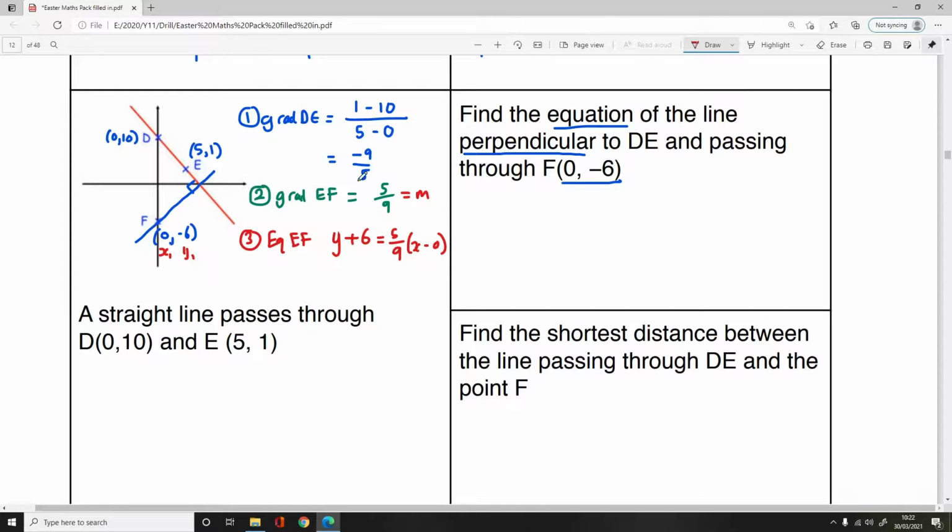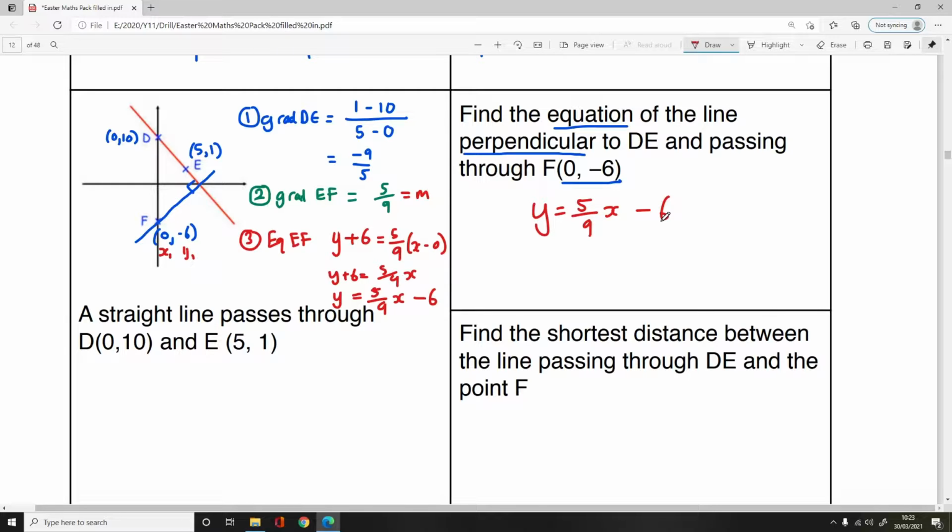So we could expand this. We could say that y plus 6 is 5/9 of just x, and then we could simplify it. So 5/9 of x minus 6. So there's our first answer. y is 5/9 of x minus 6.